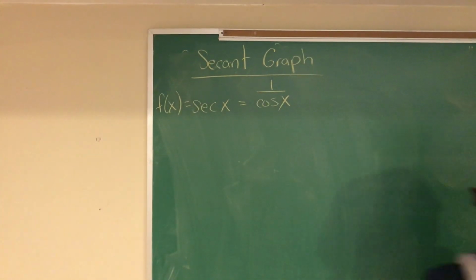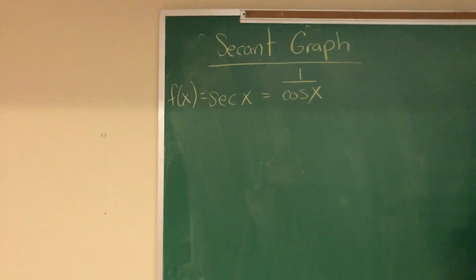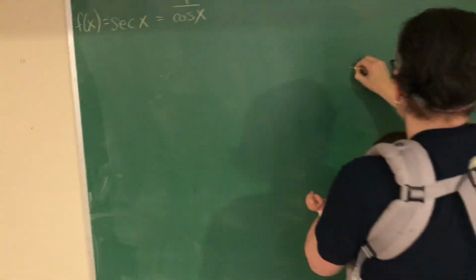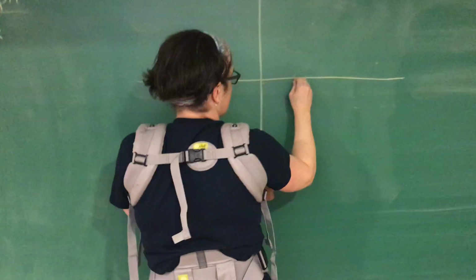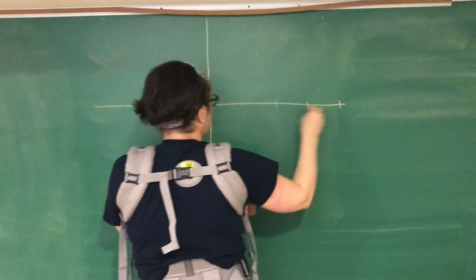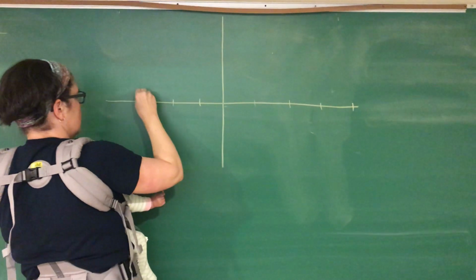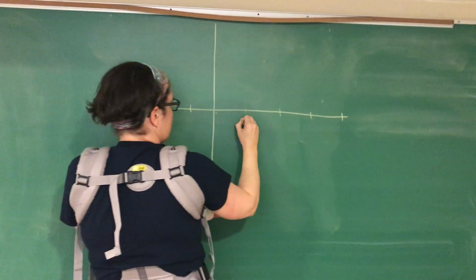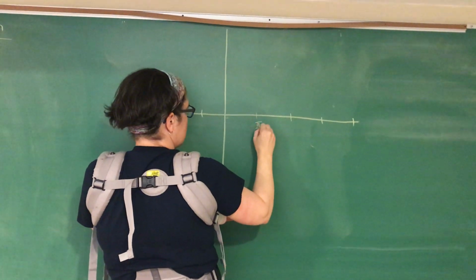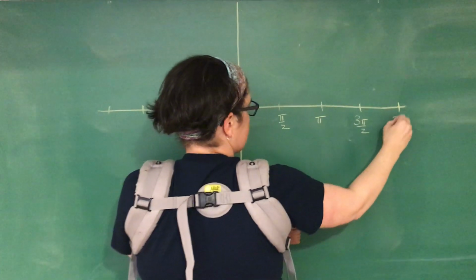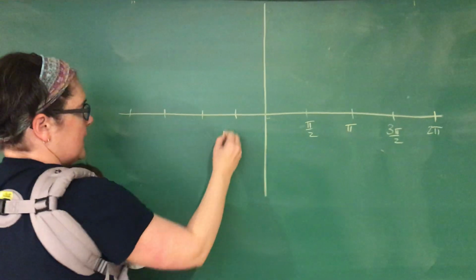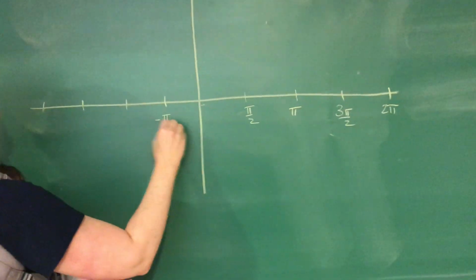So I'm going to start by drawing the cosine graph just like I did with sine before. So I need some important features. So we have pi over 2, pi, 3 pi over 2, and 2 pi. And in the negative direction, the same thing.